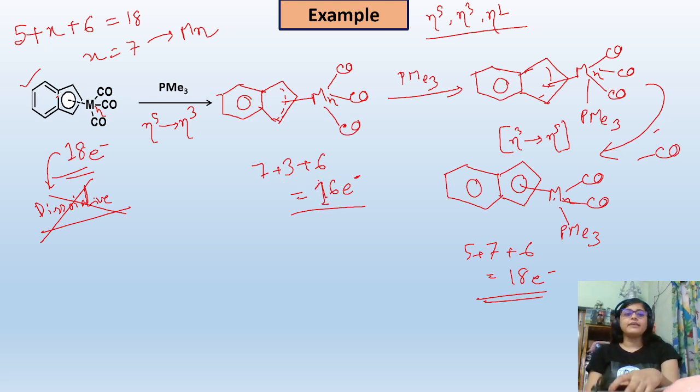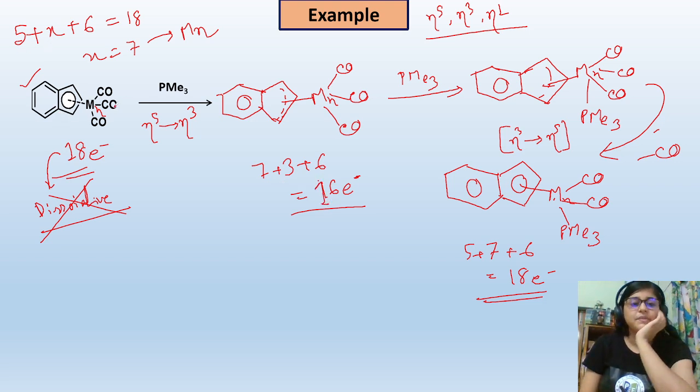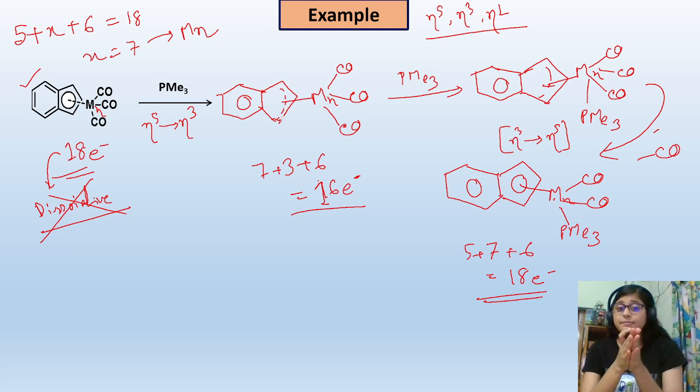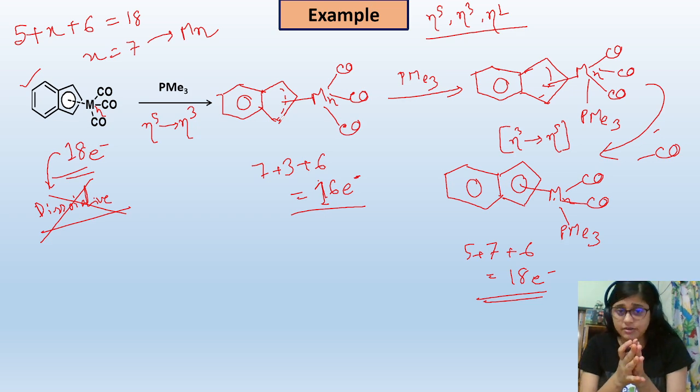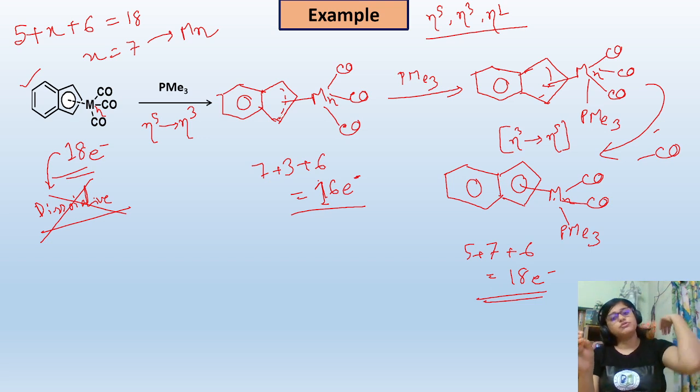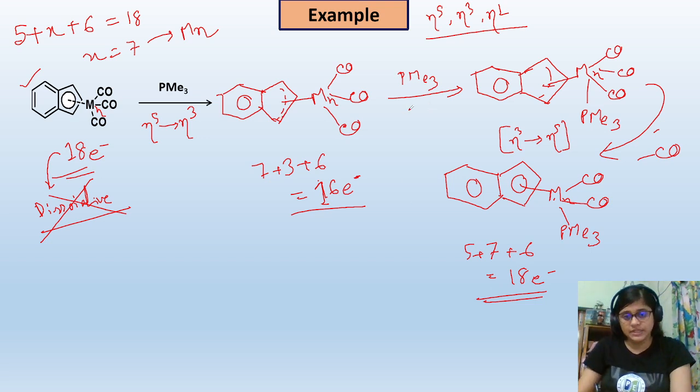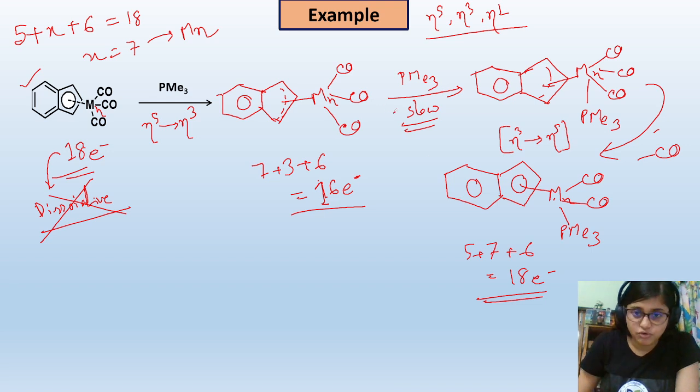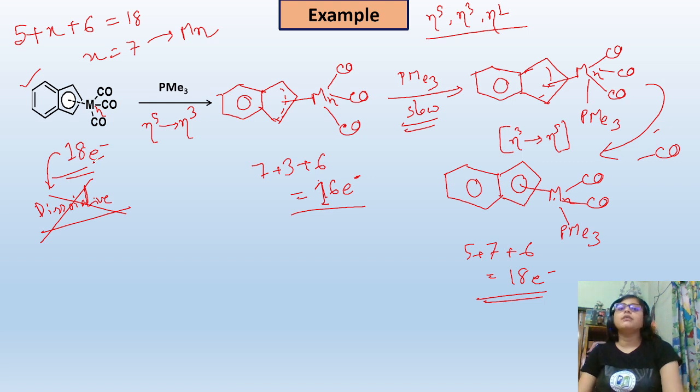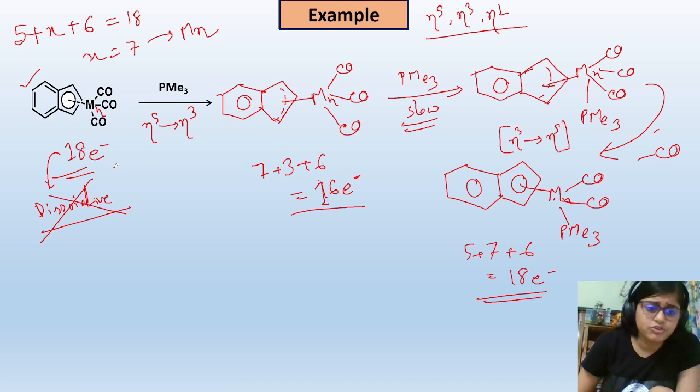See how easy this is. If you understand the fact that this is a flexidentate ligand and it can show eta 3 also, it will go via associative, because we know that the associative mechanism is faster and easier. So it goes through the associative mechanism, where the slow step is the joining of the new ligand PMe3. Fine, because you can have the question that if it is an 18 electron species, it can go towards dissociative, right?